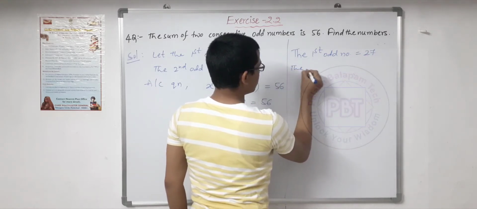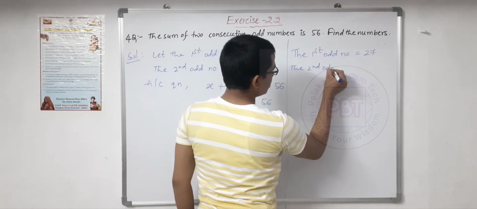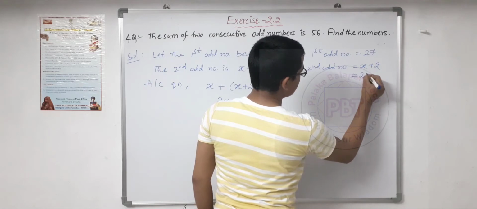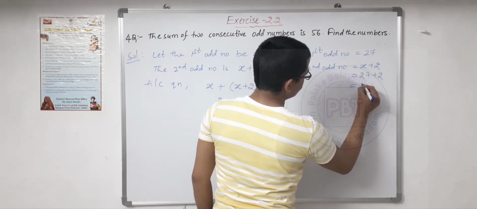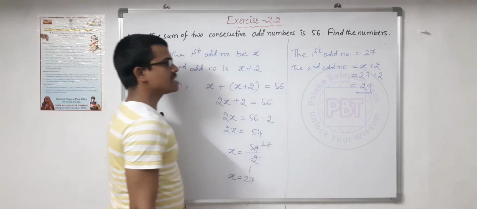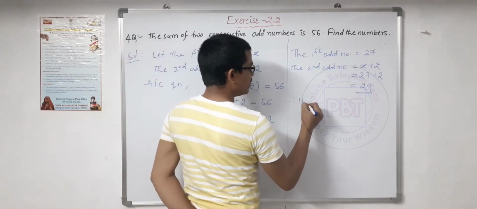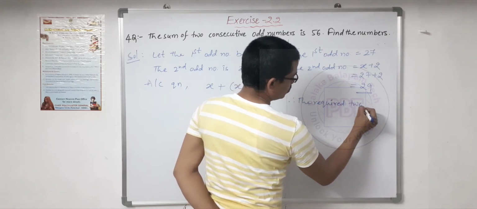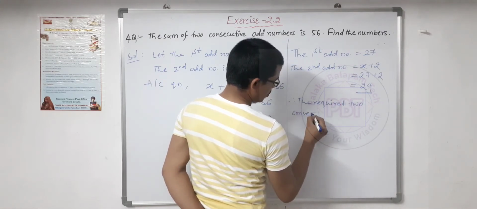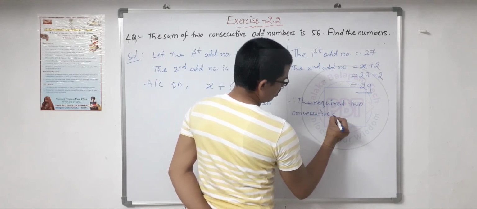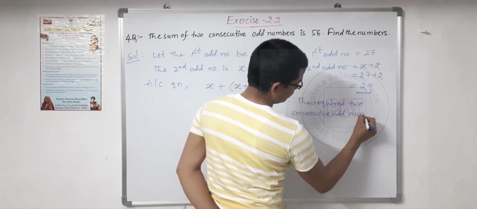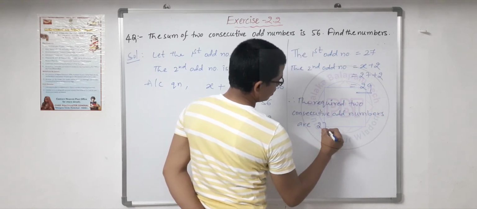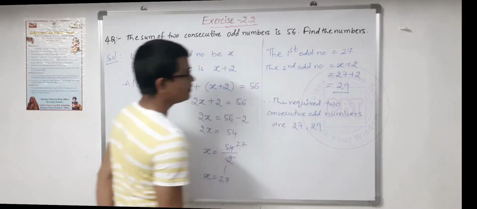The second odd number is x plus 2, which is 27 plus 2, 29. Therefore the required two consecutive odd numbers are 27, 29.